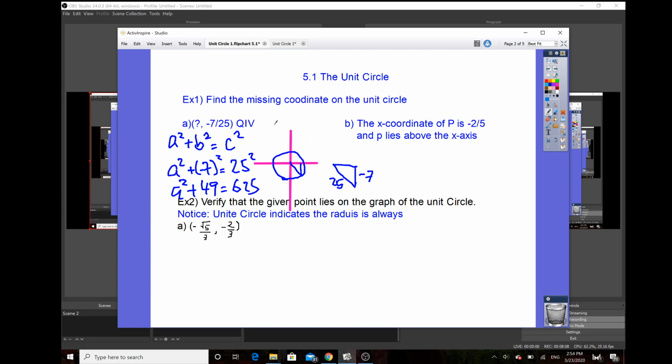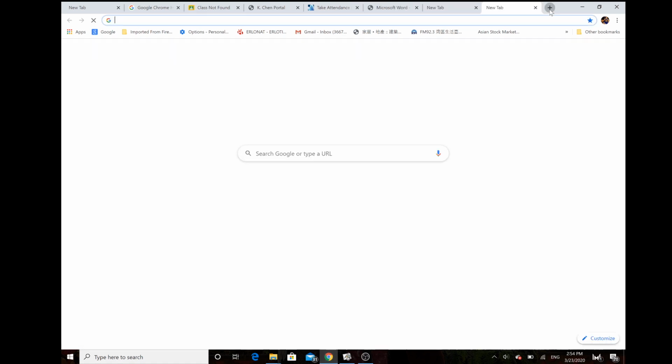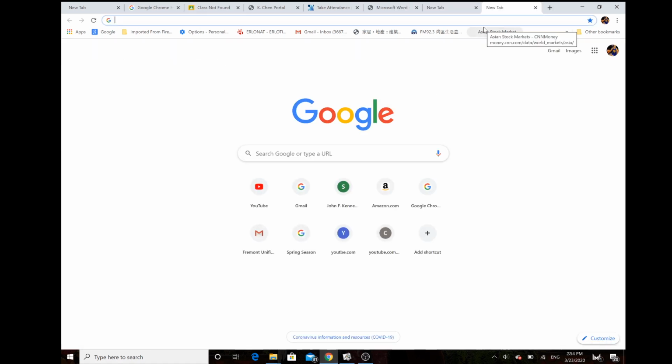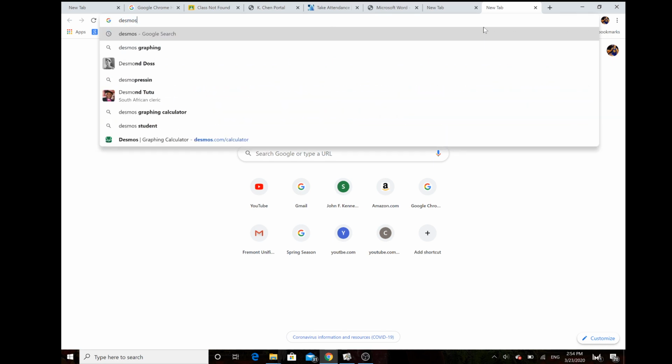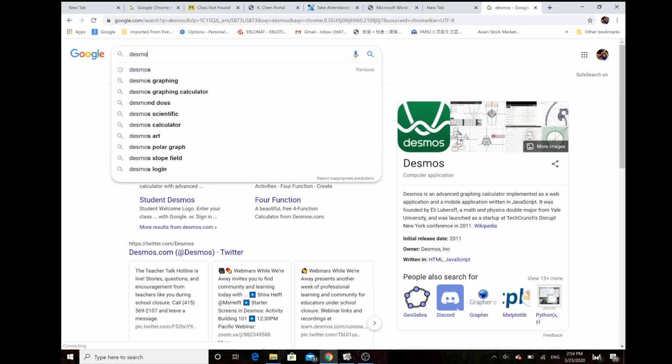Okay, so that one, let's see. It looks like it's going to be a perfect square number. Okay, if you're not comfortable doing that, you can always use a calculator. So let's use a calculator with the decimal. Or you can use the Google calculator.